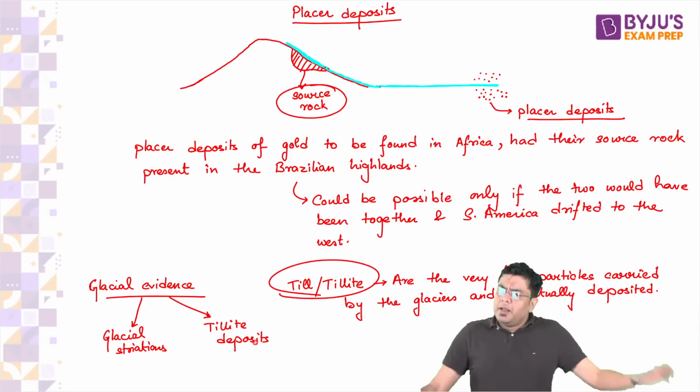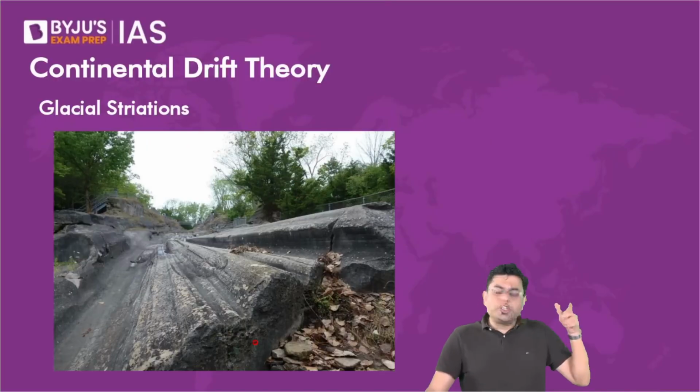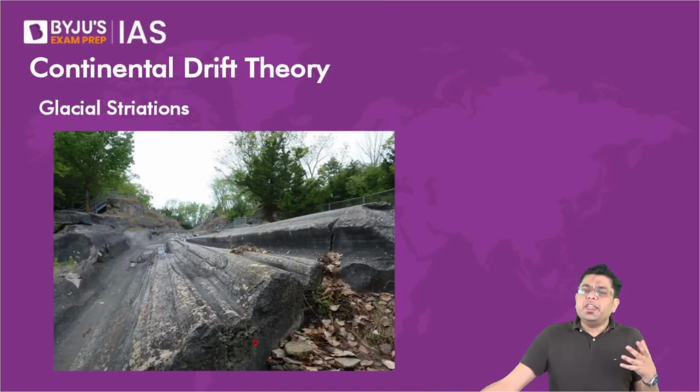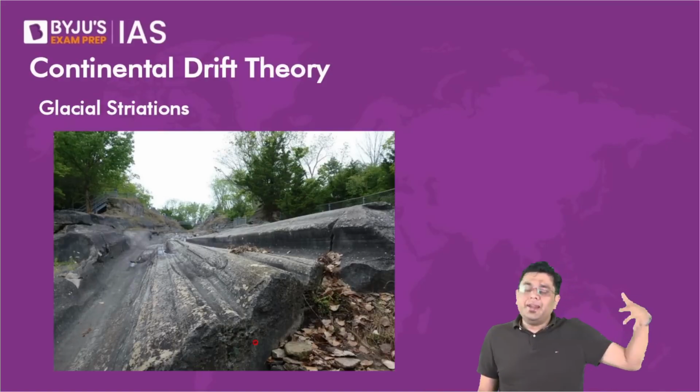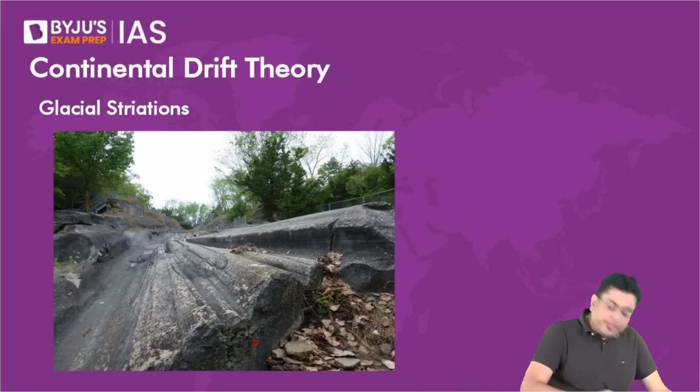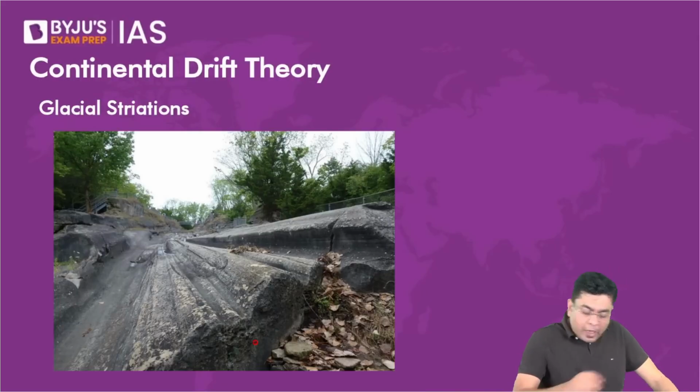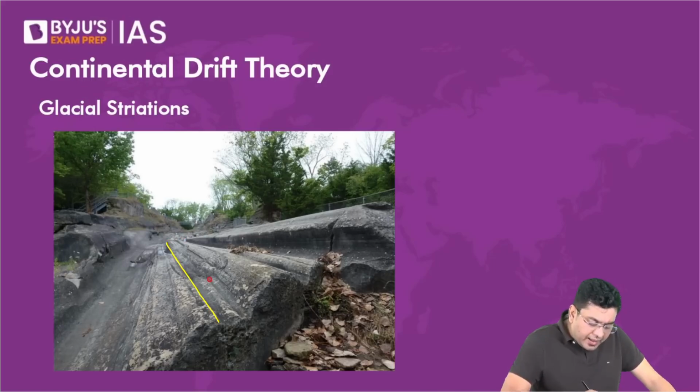Now, here, let me first of all show you what a glacial striation looks like. Striation basically refers to a kind of a sinuous line, a linear line-like structure. So, observe this particular image here. Now, here I want you to observe the lines created on the rocks, these linear lines which have been created on these rocky surfaces.